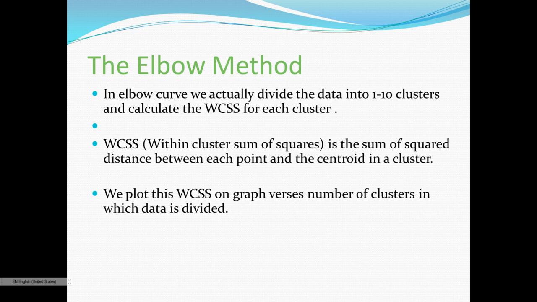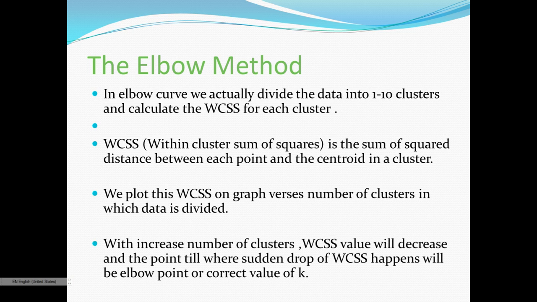Now we plot this WCSS on a graph versus the number of clusters in which the data is divided. With an increased number of clusters, the WCSS value will decrease, and the point where the sudden drop of the WCSS happens is the elbow point, or the correct value of K.